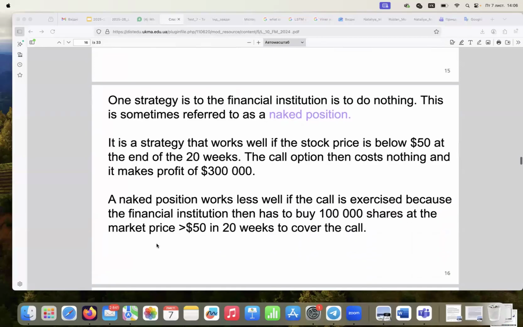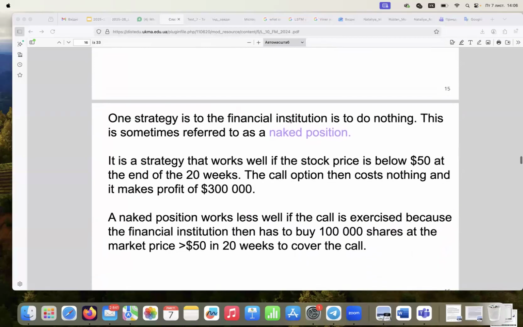Okay, now about strategy. We said that we would like to tell about a naked position and a covered position. So first, the naked position. What does this strategy mean? Naked position means to do nothing. It's a strategy that works well if the stock price is below 50 at the end of the 20 weeks.